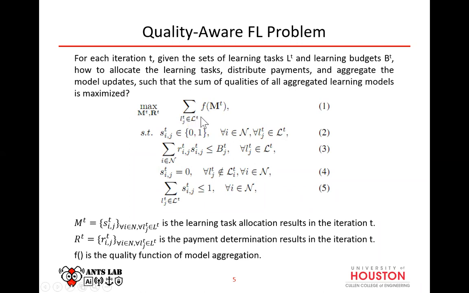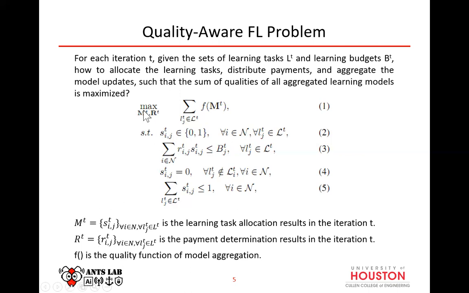For each iteration T, given the set of learning tasks L_T and the learning budget B_T, how to allocate the learning task, distribute payments, and aggregate the model updates such that the sum of qualities of all aggregated learning models is maximized.